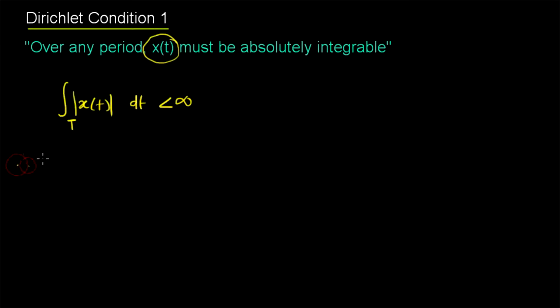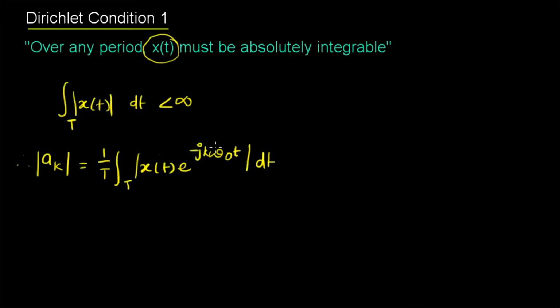In that case, we know that the expression for a_k, the Fourier series coefficient, is given by 1 by T integral over a period T of x of t e power minus jk omega 0 t dt. We know that the magnitude of e power jk omega 0 t is 1. So we can write this as 1 by T integral over a period T of the magnitude of x of t dt.